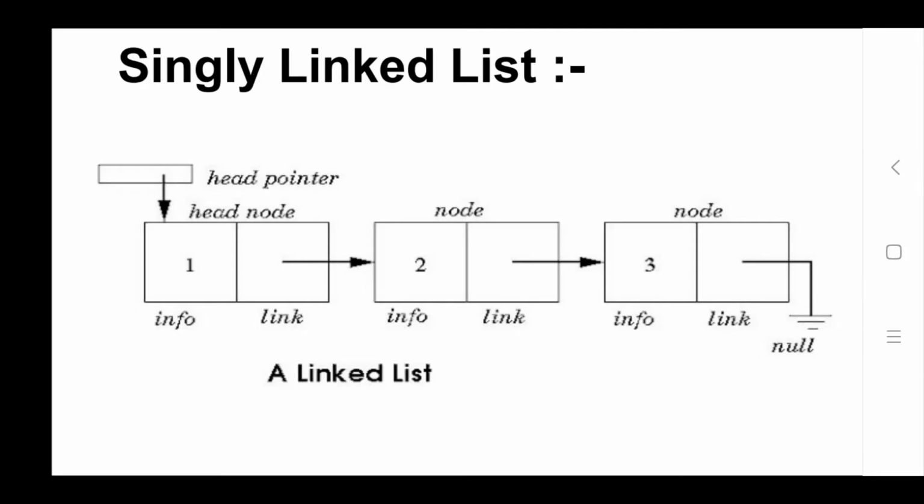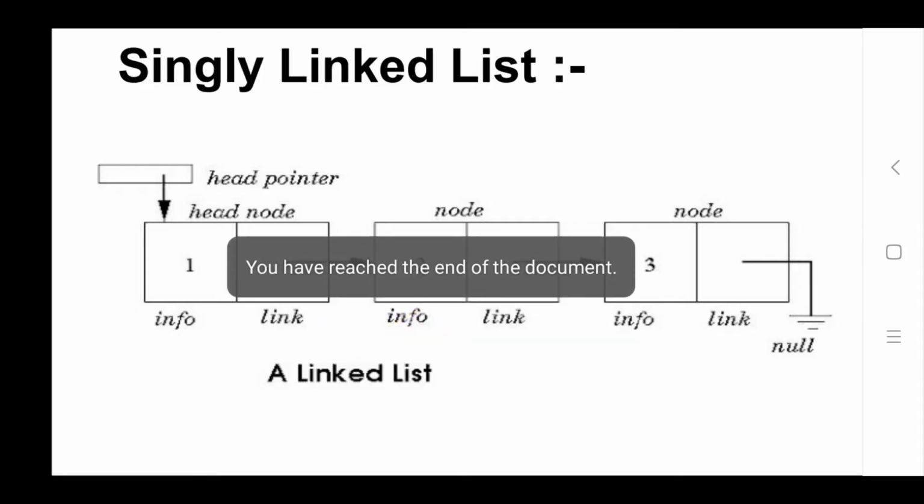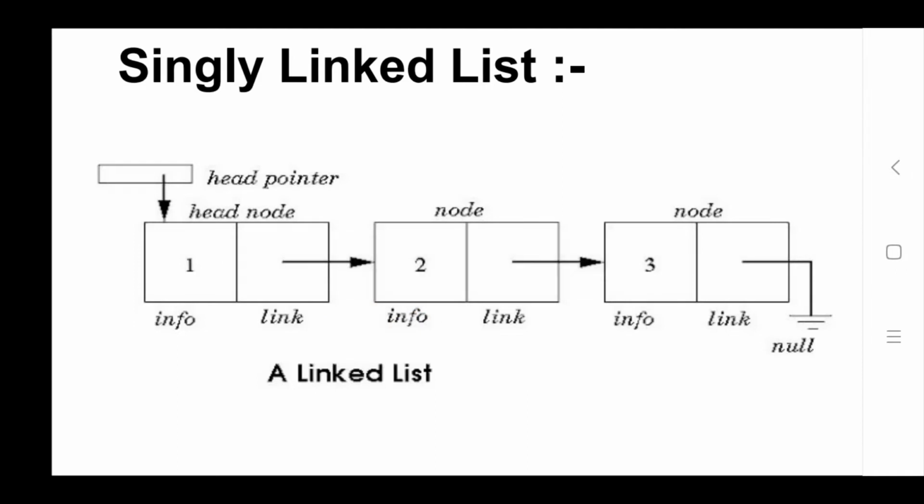In this example, node 1 is the head of the list and node 3 is the tail of the list. Each node is connected in such a way that node 1 is pointing to node 2, which in turn is pointing to node 3.